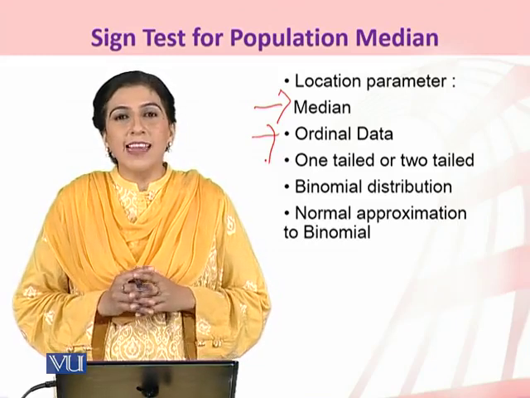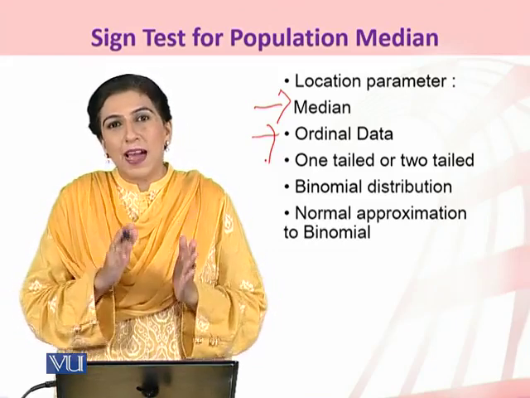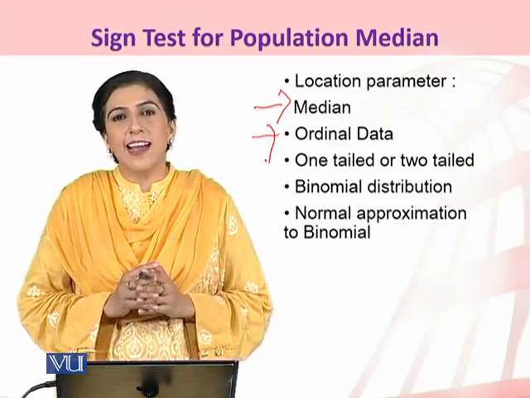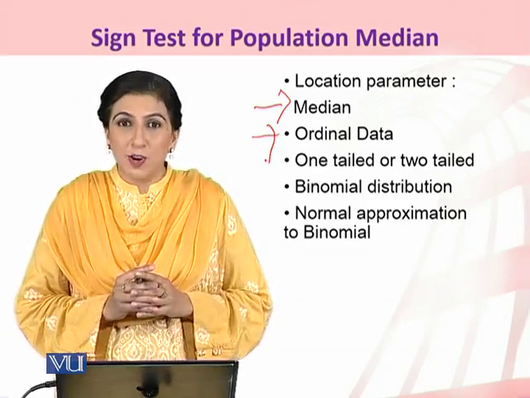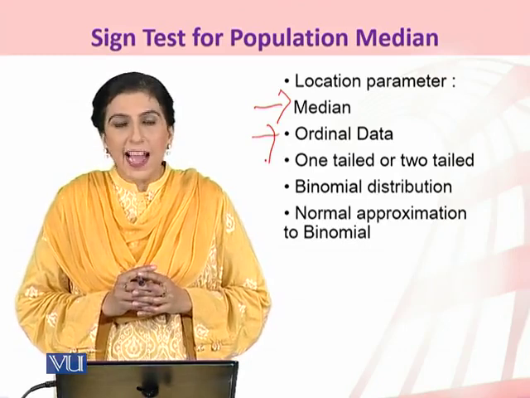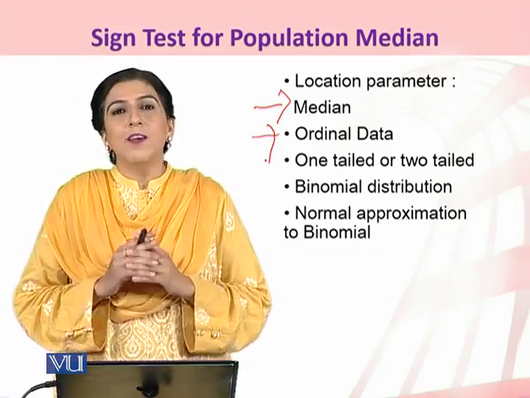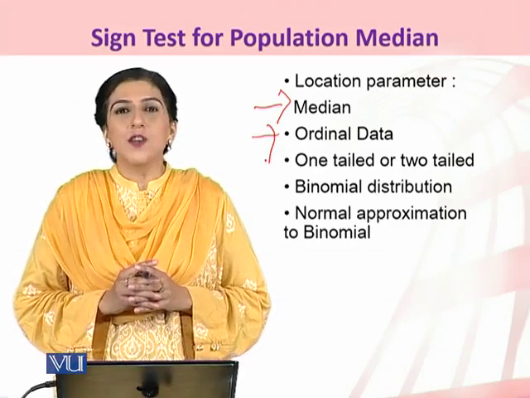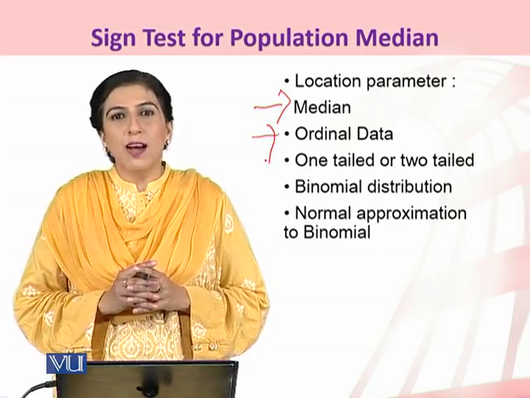For the sign test, we are going to compare the results with that of the binomial distribution. Whereas, for a large sample, we will be making use of the normal approximation to the binomial.